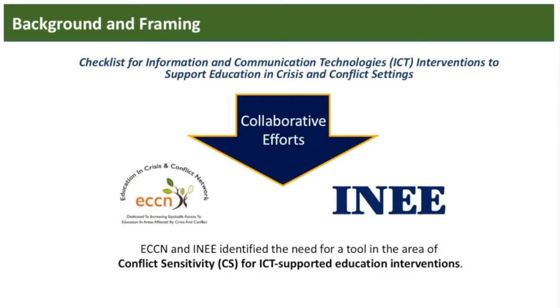The two entities worked together in a very iterative, very professional fashion for over a year in order to find a solution. They both identified that there is a need to find a tool or a solution in the area of conflict sensitivity for ICT-supported education interventions.